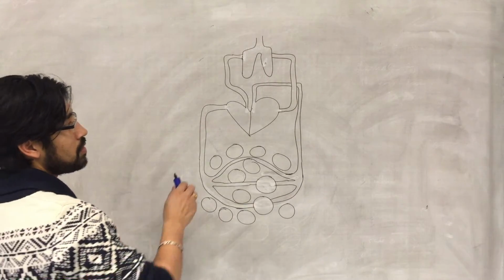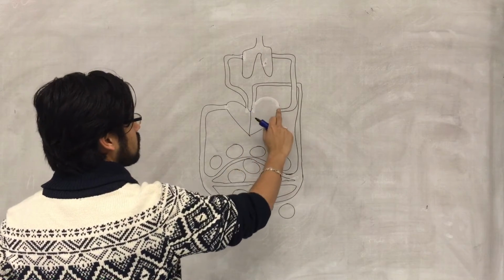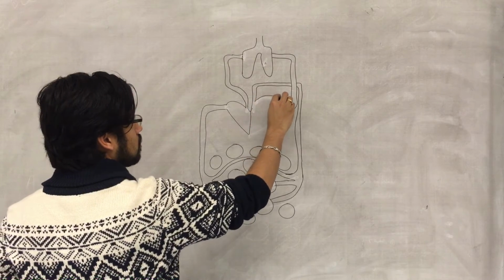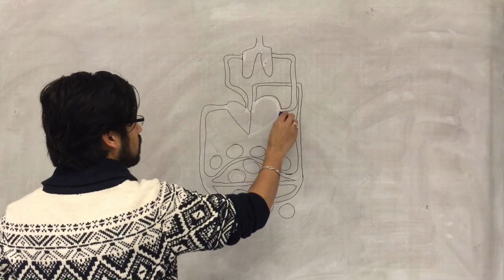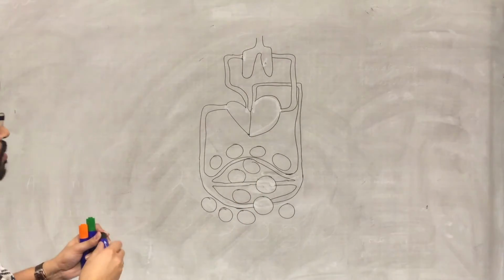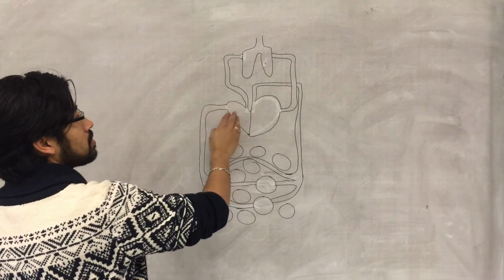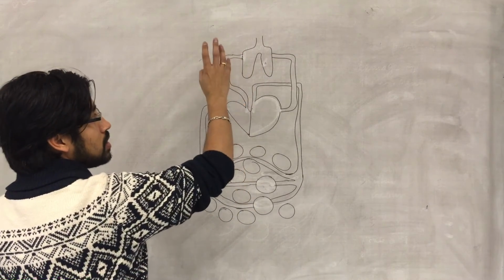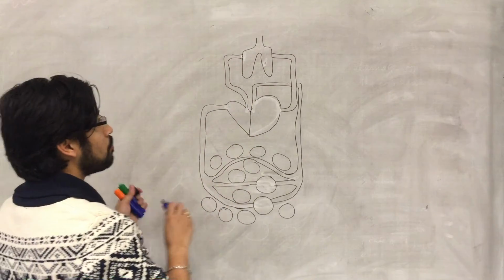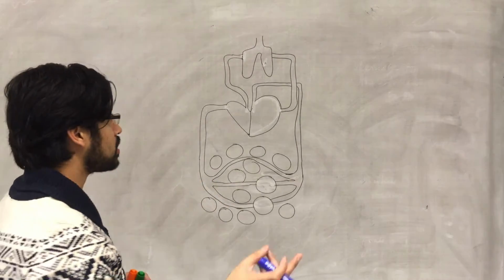Now, the main point here is that you have a left side of the heart which is much more muscular, okay? Much more muscular than the right side of the heart. Why is that? The right side of the heart has to pump blood to the lungs, okay, via the pulmonary artery, but it shouldn't do this at too high a pressure.